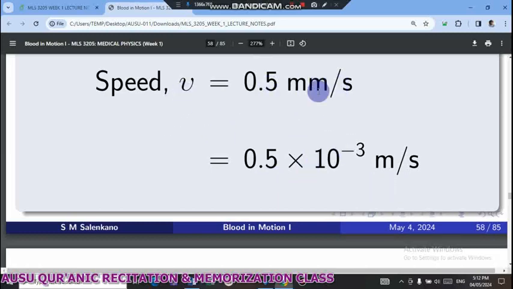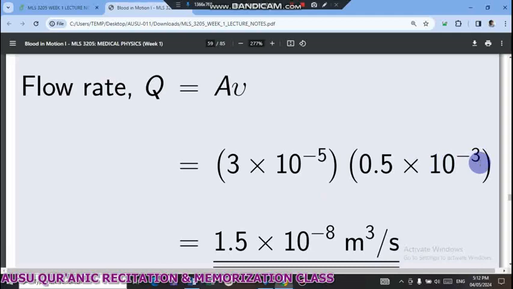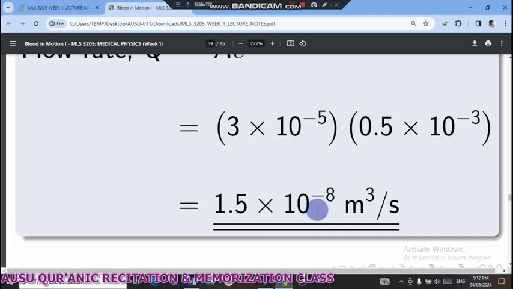If you put this one, you are wrong. You put the converted one, 0.5 times 10 to the power minus 3, and this is what you have. So you press your calculator, 3 exponential negative 5 multiplied by 0.5 exponential negative 3. This will give you 1.5 exponential negative 8.